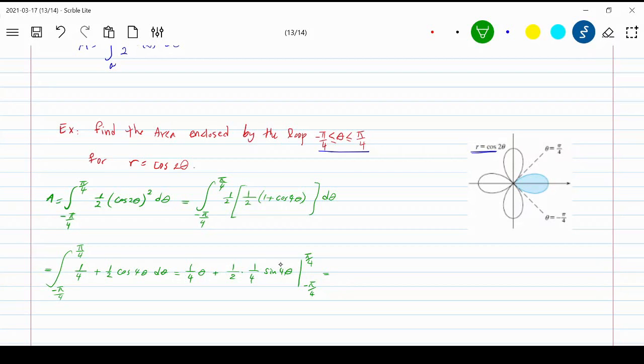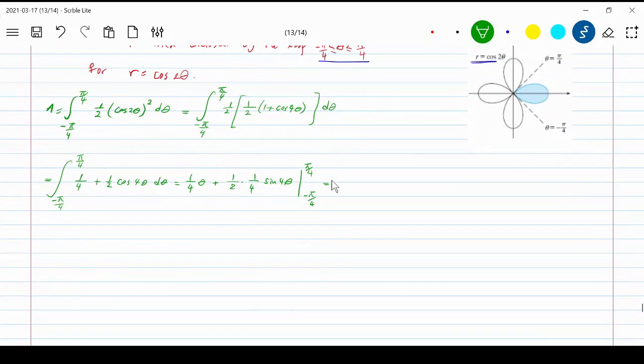So if we replace pi fourth in there, what do we get? If we replace pi over 4, we get 1/4 pi over 4 plus 1/8 sine of 4 times pi over 4, which becomes sine pi.